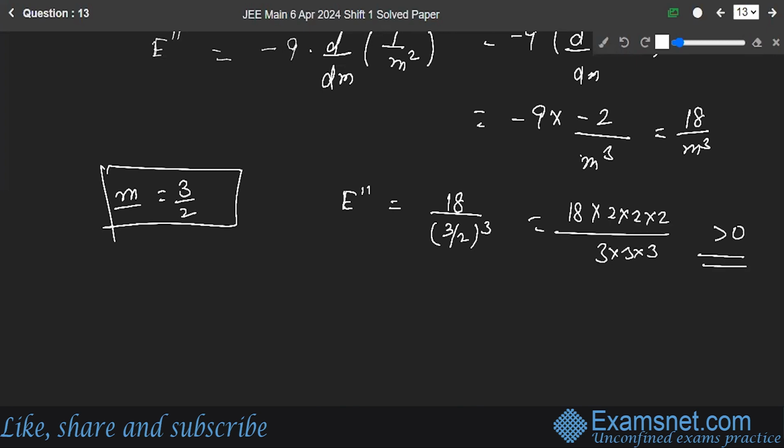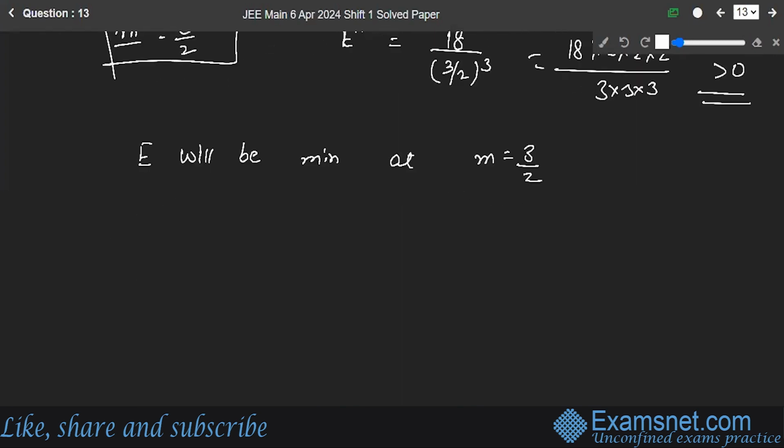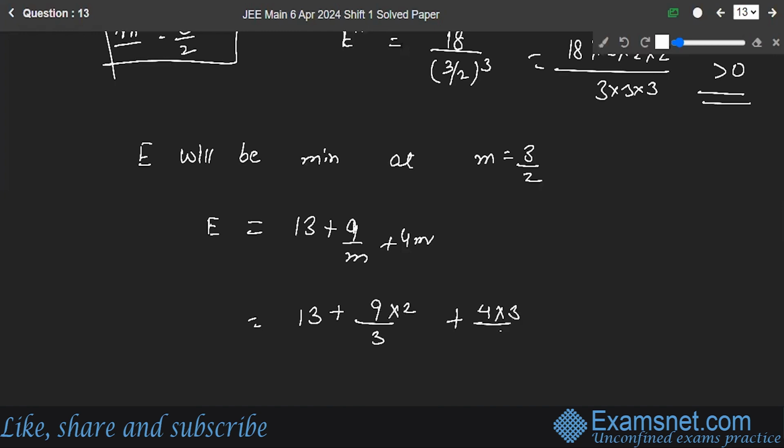This, of course, is a positive number, right? So that means E will be minimum at m is equal to 3 by 2. So what is your E equal to? E was 13 plus this plus this. So this is equal to 13 plus 9 upon 3 by 2 plus 4 into 3 by 2.